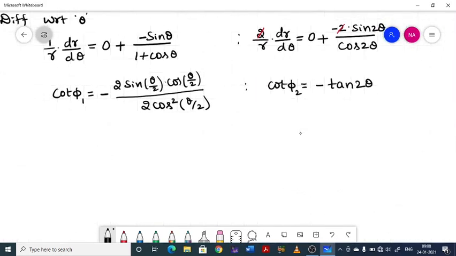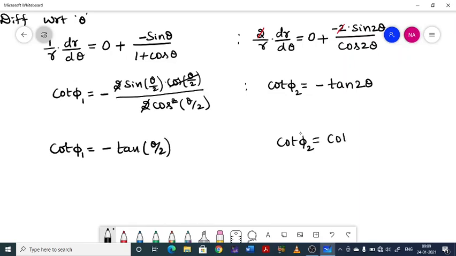Okay, now cot phi 1 equal to, 2 you can cancel, cos 1 term will be cancelled with this. So I get sin of theta by 2 by cos of theta by 2, that is minus tan of theta by 2. And similarly this side cot phi 2, that can be written as, writing the right hand term tan in terms of cot, it will be cot of pi by 2 plus 2 theta.